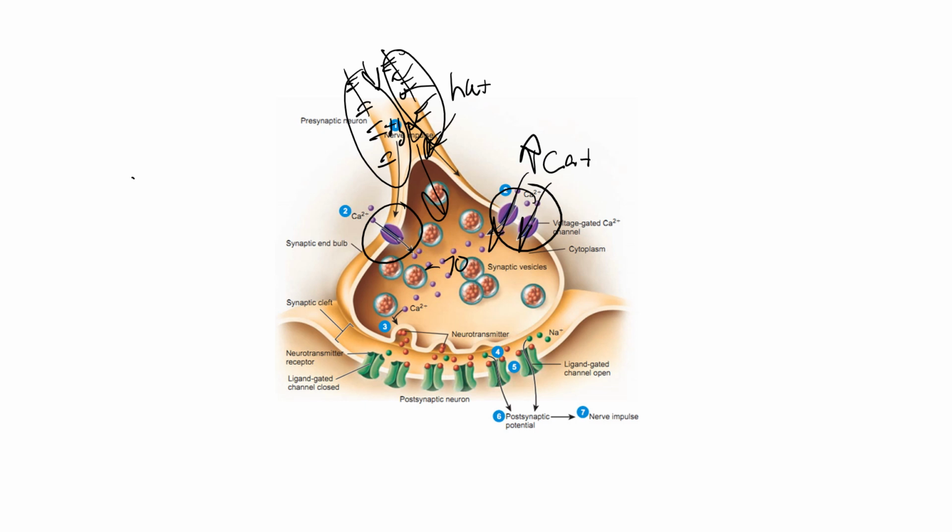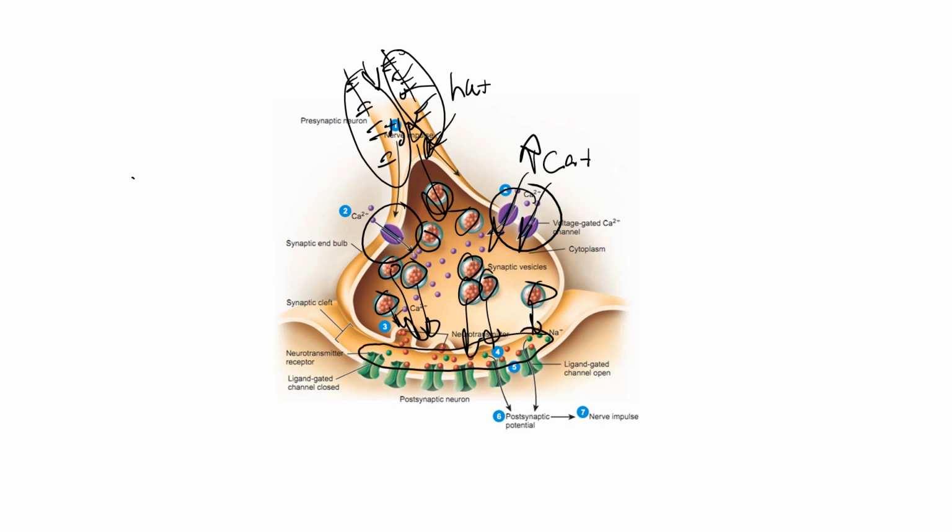And the influx of calcium into the button is what triggers exocytosis of neurotransmitters. Okay, the influx of calcium into the button is actually what triggers the vesicles to go to the distal end of the button, dock, and then release their neurotransmitters into the interstitial fluid.